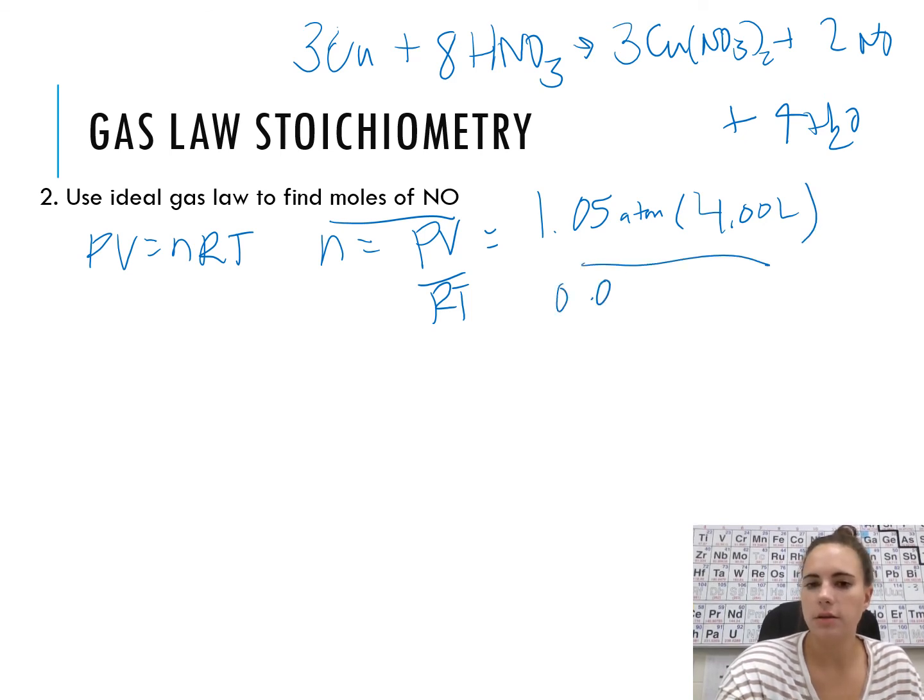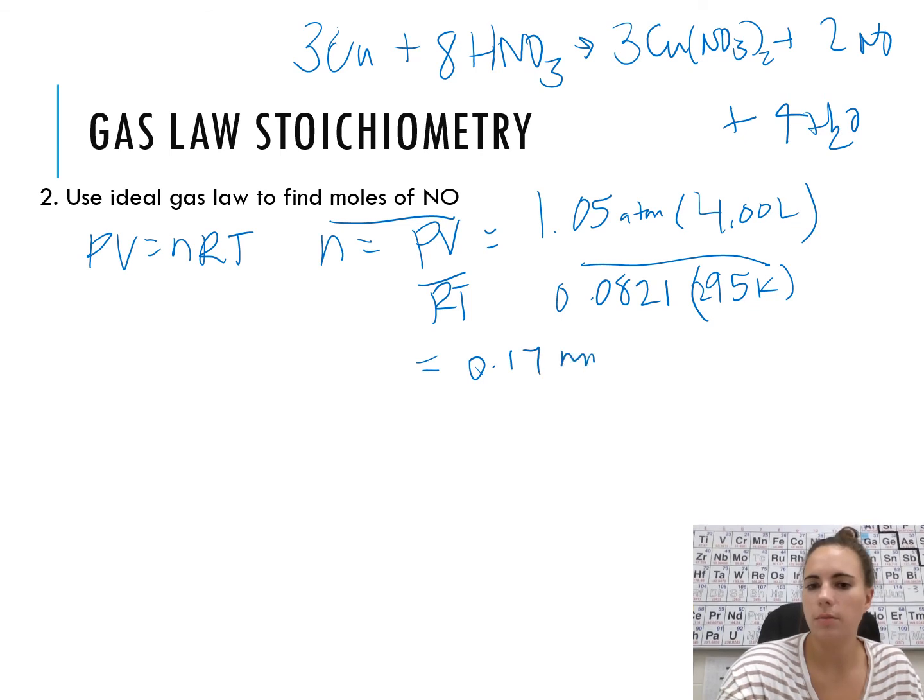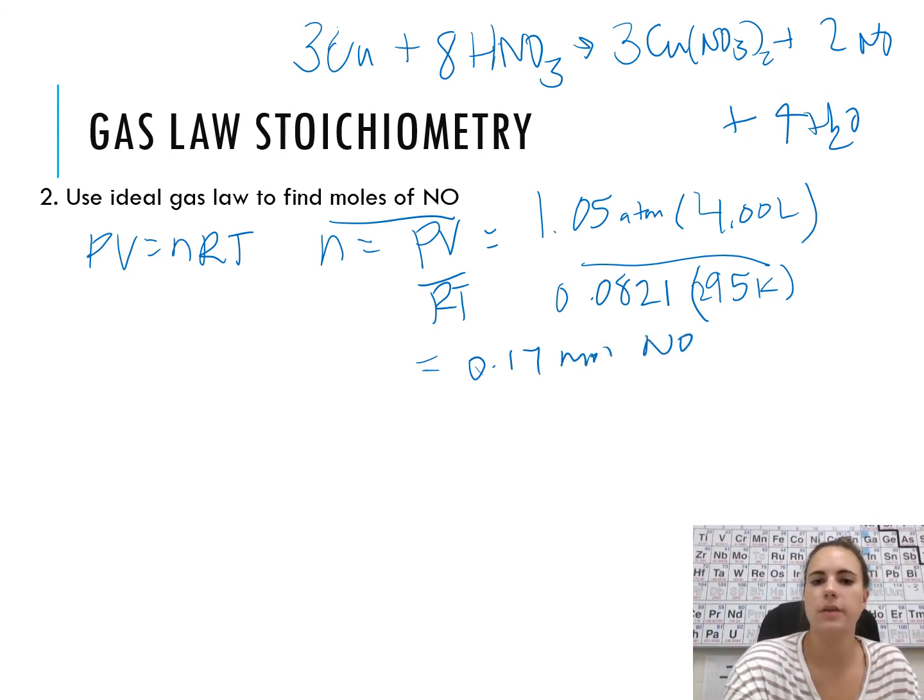Ideal gas constant, 0.0821. And the temperature, when I convert to Kelvin, 295. Okay, so when I do the math, I get 0.17 moles of nitrogen monoxide.